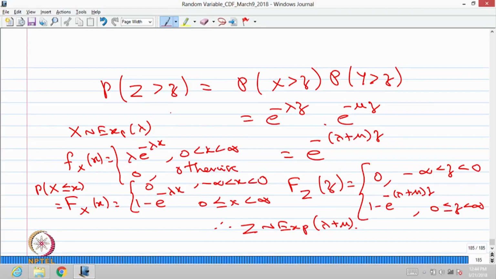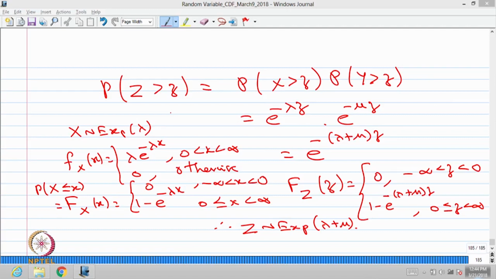So the observation is, whenever you have two independent exponentially distributed random variables, the minimum of them is again exponentially distributed. This concept can be extended to n random variables. If you have n mutually independent exponentially distributed random variables, then the minimum of them is again exponentially distributed, with the parameter being the sum of the parameters of the individual distributions.